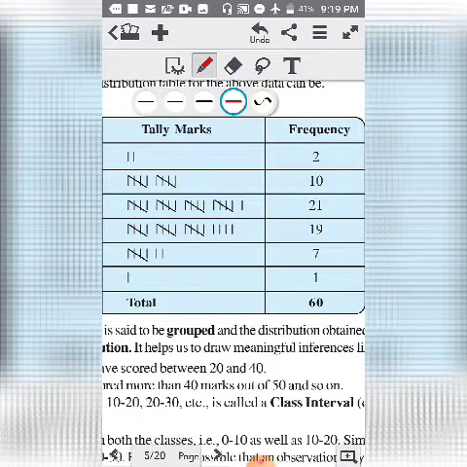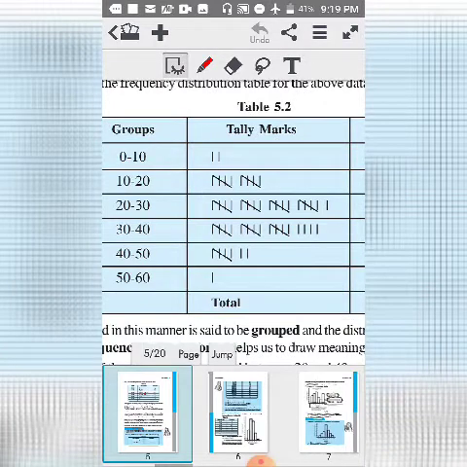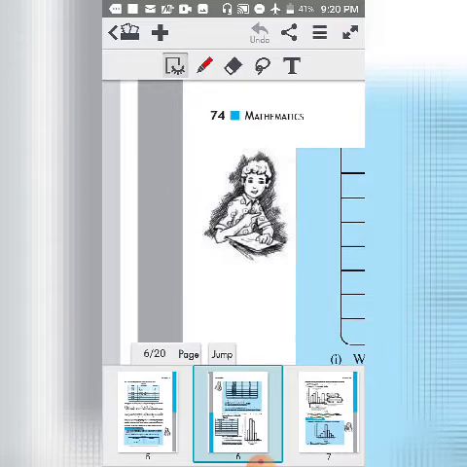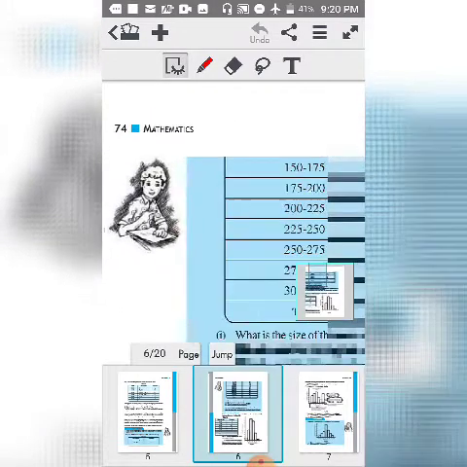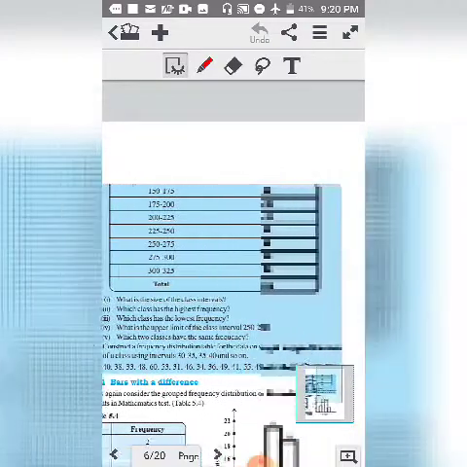Now when we see the table, what do we see in the table? We see how many numbers are repeating.